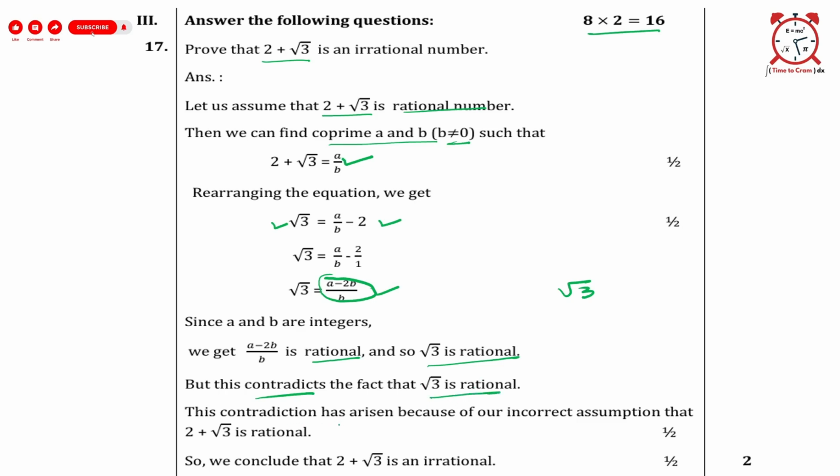So this contradiction has arisen because of our incorrect assumption, because we assumed that 2 plus root 3 is a rational number. So our conclusion is what here? 2 plus root 3 is an irrational number. So by the contradiction method, it is proven that it is an irrational number.